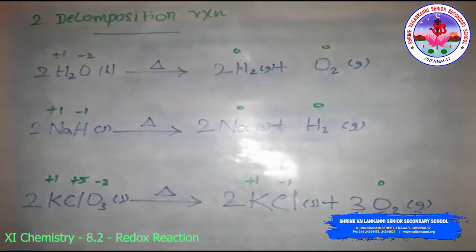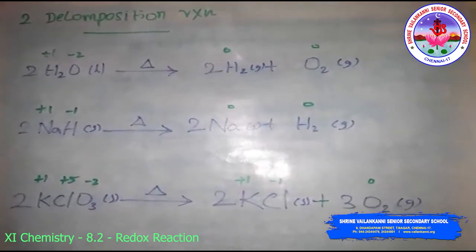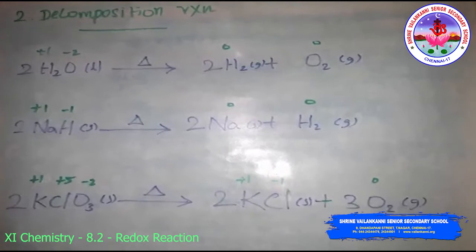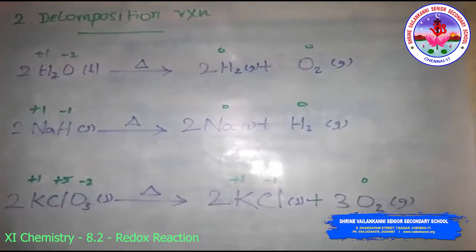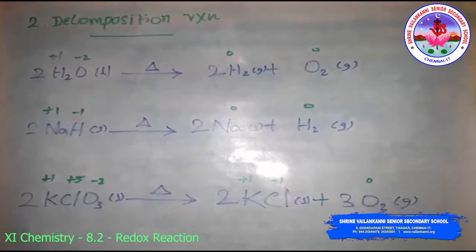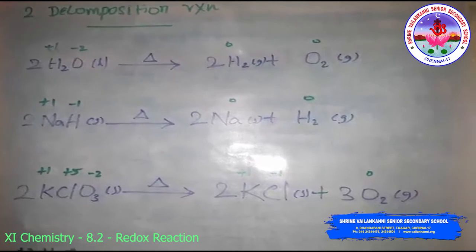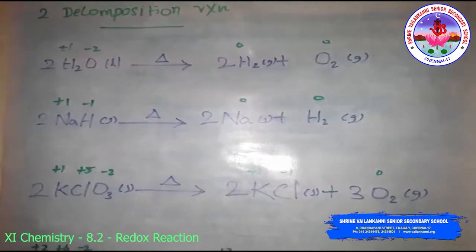Decomposition reaction is just the opposite of the combination reaction. The opposite of the combination reaction means here one reactant undergoes a decomposition reaction to give two or more products. So this is called a decomposition reaction.